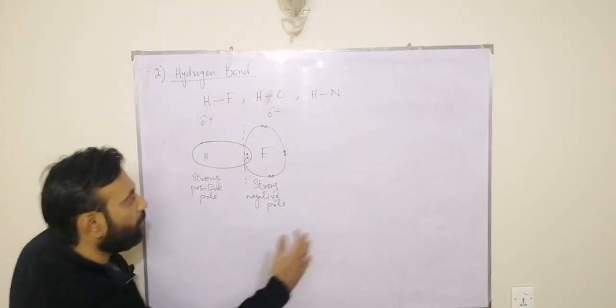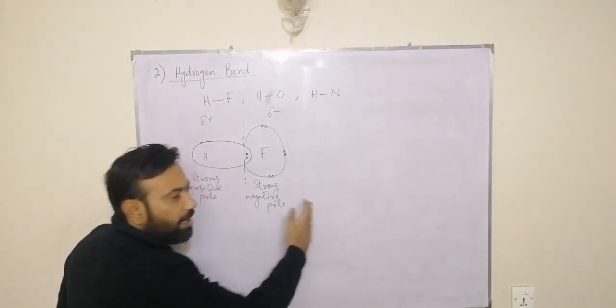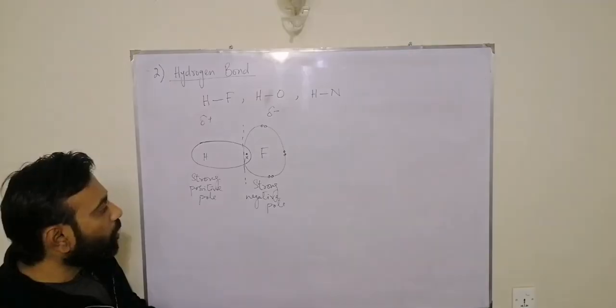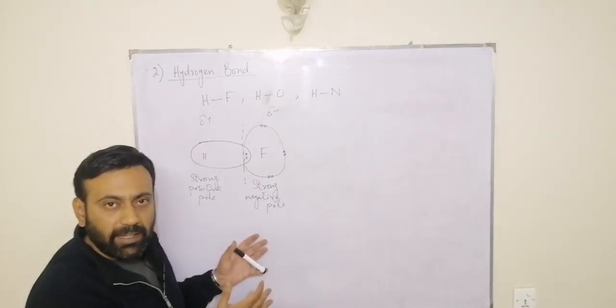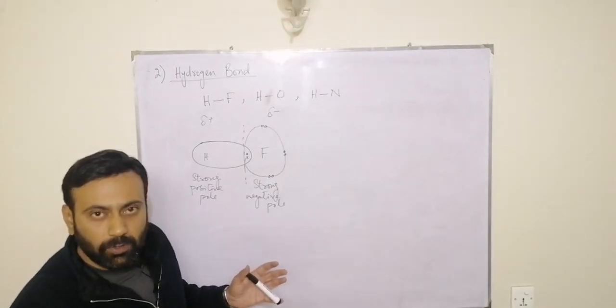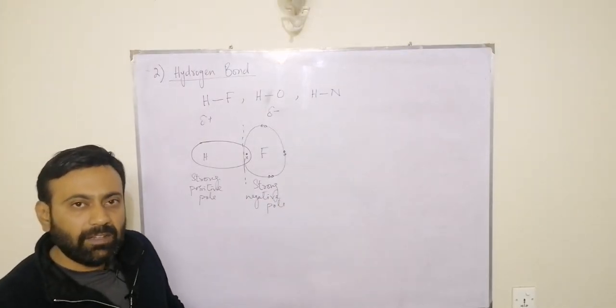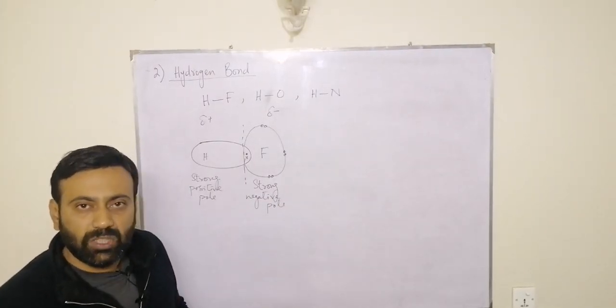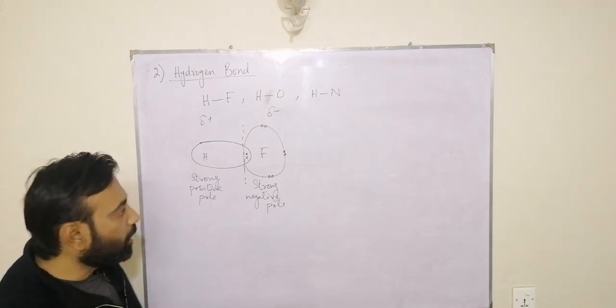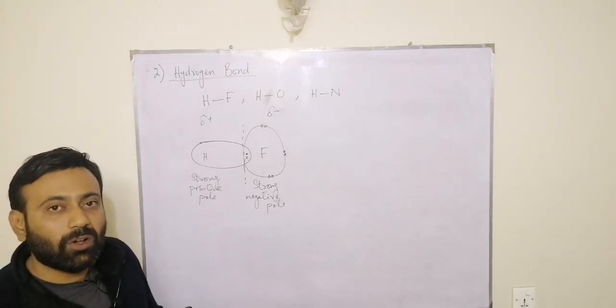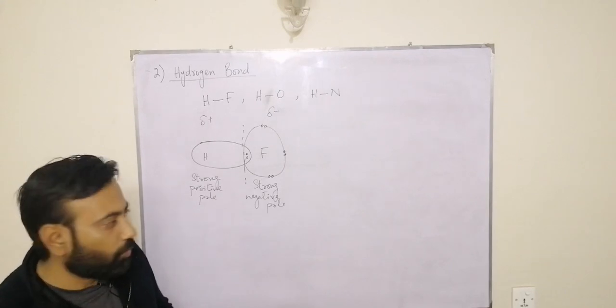Similarly, if anything is passing by this side of the molecule, it is not only facing a very strong negative pole due to the high electronegativity of fluorine, but there are also lone pairs of electrons. They will have an additional effect of the negative charge. So because of that, the force will be stronger than the permanent dipole force.